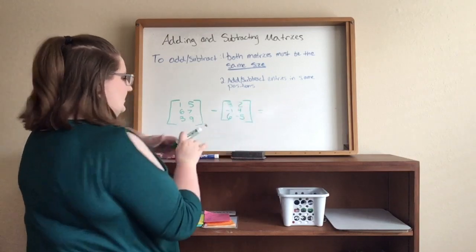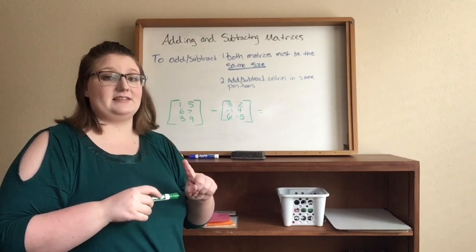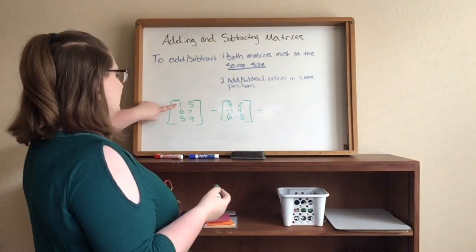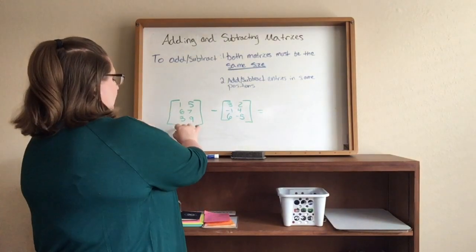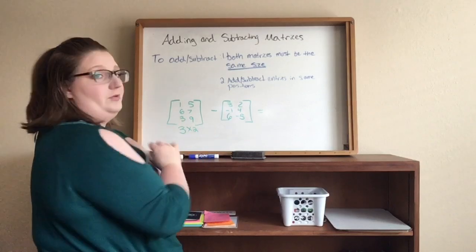If I want to subtract these, I still need to first check the sizes of the matrices and make sure they're the same. Looking at this matrix, I've got 3 rows and 2 columns. So this is a 3 by 2.